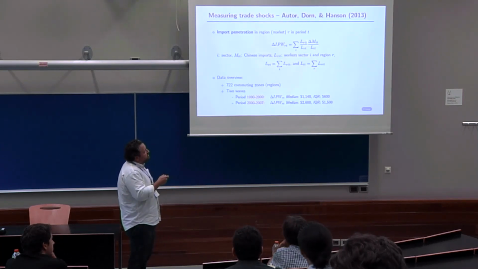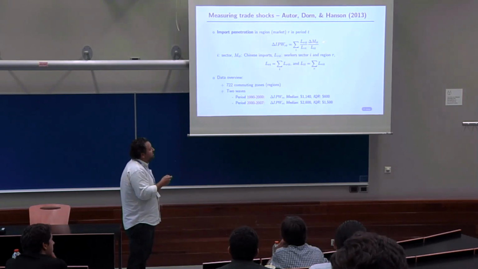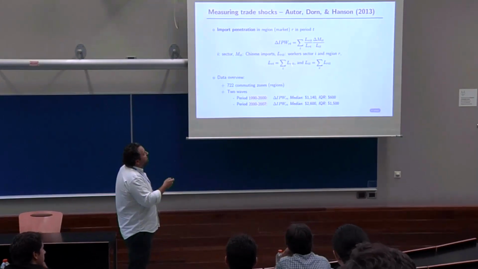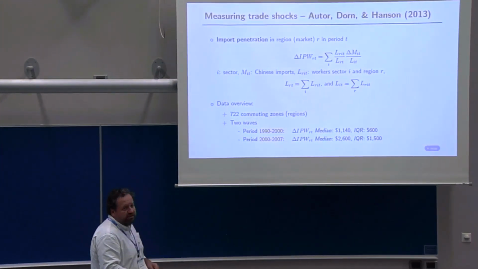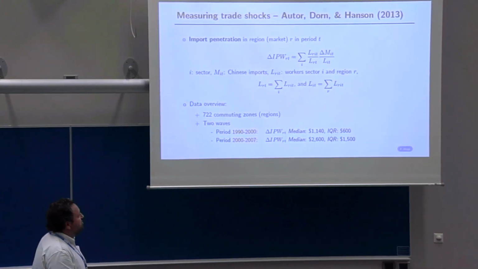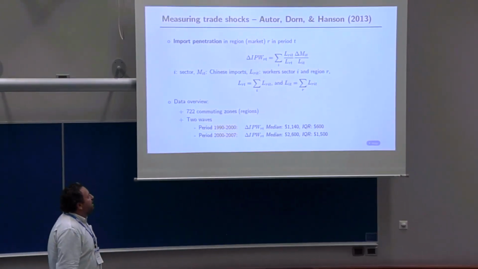So you can see here, this is the change in imports from China into the U.S. in industry i. You take that per capita, and then weight it using the region-specific labor shares across industries. So in a way, it's like a Bartik shock.